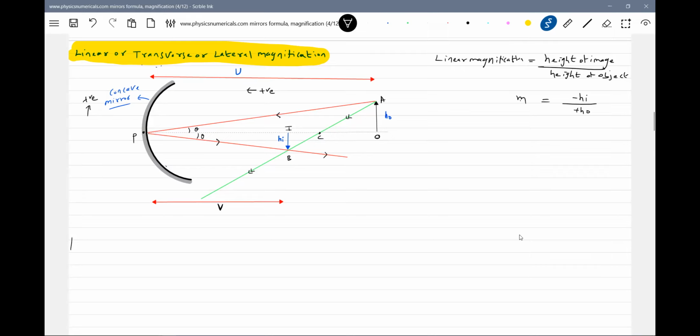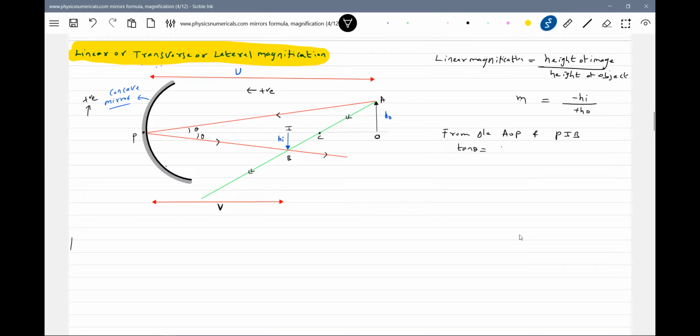Okay, let's take help of triangles. From triangle AOP and PIB.